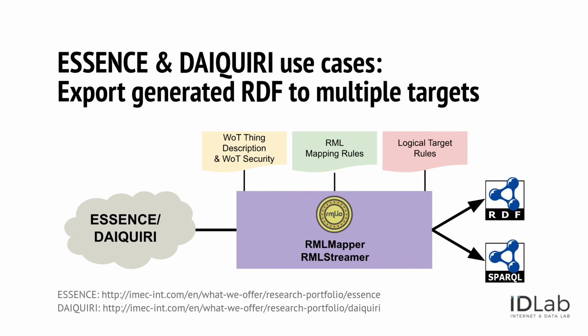But then we still need to export it, and that's what the logical target rules are for. They export it to RDF and a SPARQL endpoint. The same descriptions can be reused in various use cases, which makes it reusable and reproducible across multiple use cases.